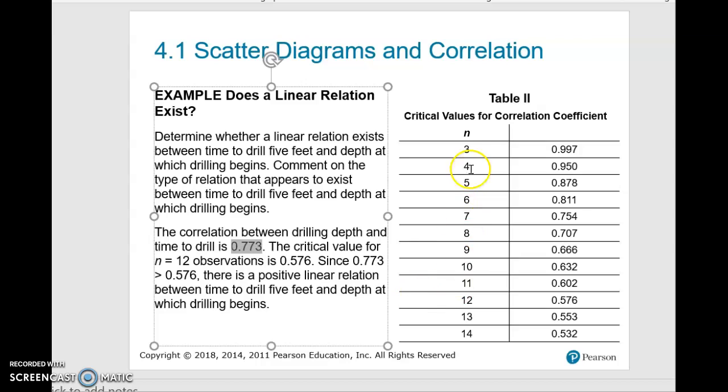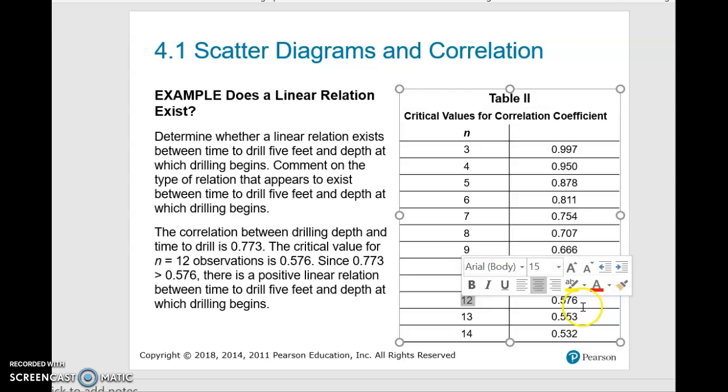So you'll notice then, as long as you have a decent size sample, here, if you just get the 14, then you only need to be over 0.532. All right, these are called critical values. It's like a threshold. You say, all right, if my data set is 12, which it is, right, for the drilling example, as long as R is bigger than this number, then we have a linear relationship. And in our case, it's positive.